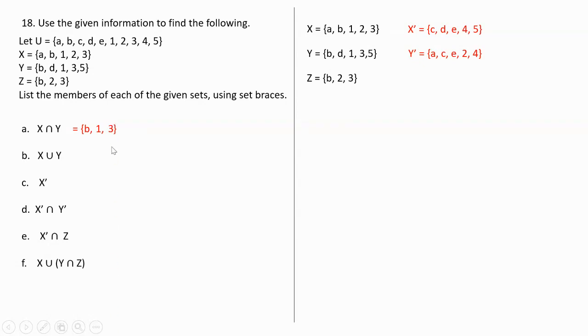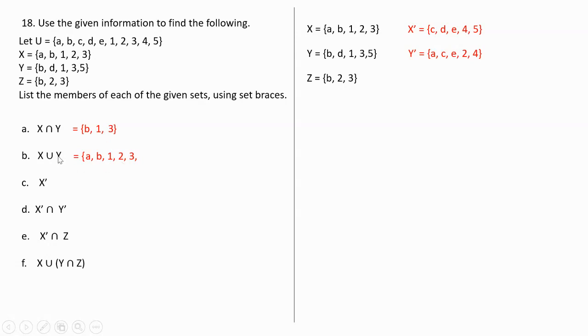Okay, now for part B, it says X or Y. The U symbol means "or", X or Y, and it also means union. Like I tell my students, what you do here is you put every element of set X, which is A, B, 1, 2, 3.